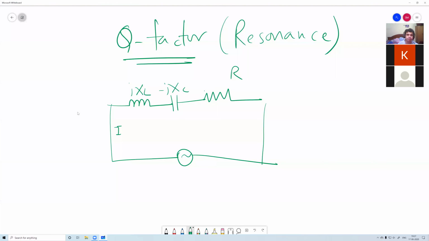So let's go back. This is a resonance circuit. JXL equal to J omega L, and 1 by JXC is 1 by J omega C. These things we have seen many times. If V equal to Vm sine omega t, then I equals Vm over the impedance.